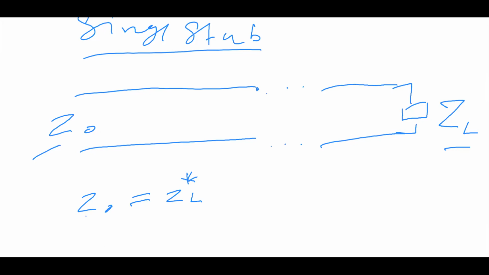As we discussed previously, if Z0 is R plus JX, where R is the real part and JX is the imaginary part, then ZL should be R minus JX.